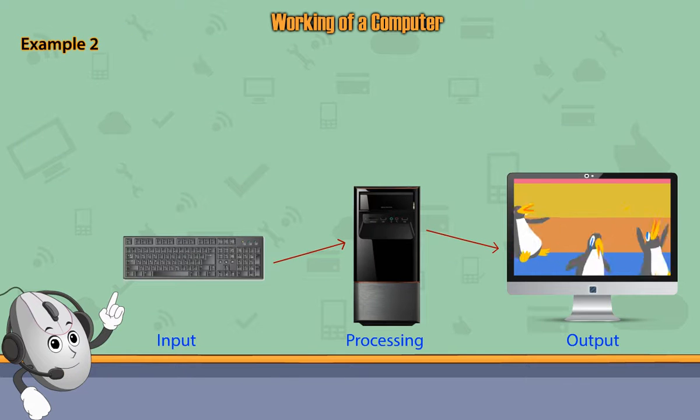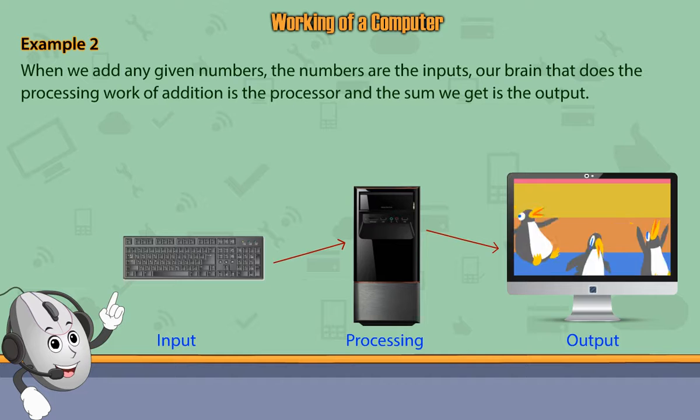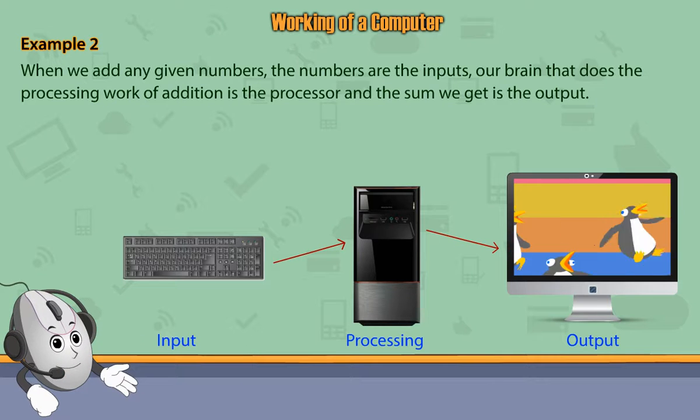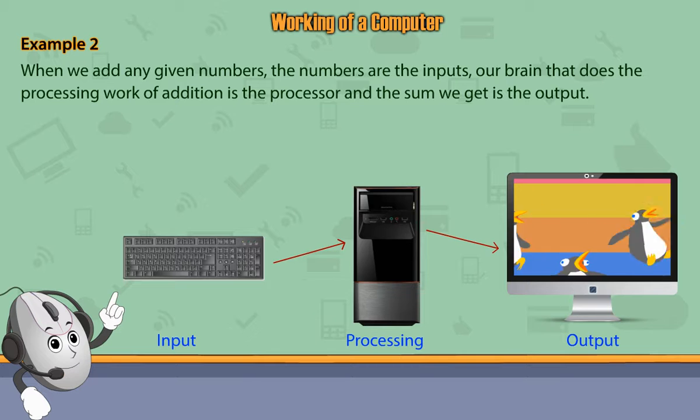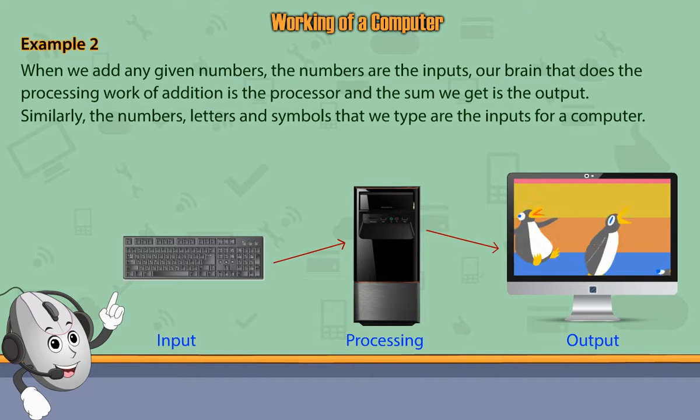Example 2. When we add any given numbers, the numbers are the inputs. Our brain that does the processing work of addition is the processor and the sum we get is the output. Similarly, the numbers, letters and symbols that we type are the inputs for a computer.